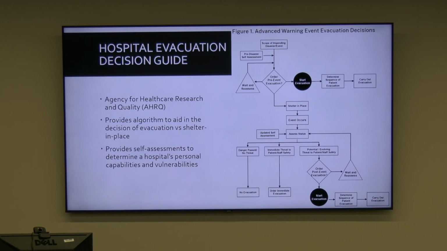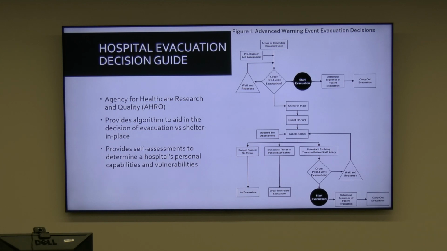So, in the scope of an impending disaster or event, you obviously want to do the pre-disaster self-assessment. I didn't actually put any slide showing what the pre-disaster self-assessment included, but it included basically being aware of what your hospital's actual facilities and capabilities are.